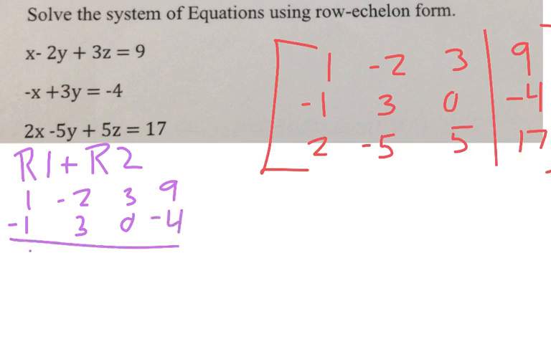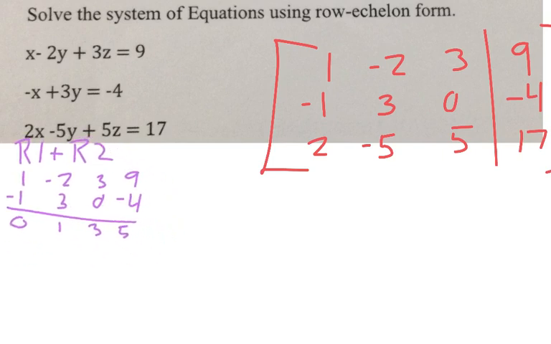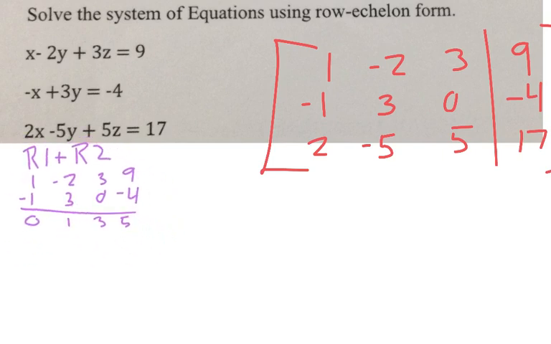If we combine those, that's 0, 1, 3, 5. So here is a row. And then I would combine row 1 and row 3. But I need to multiply row 1 by -2. Right, that would be my next step.